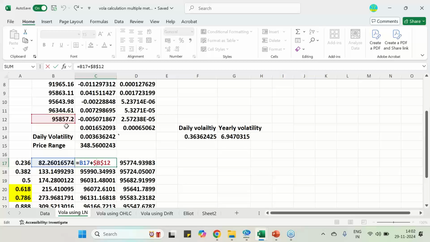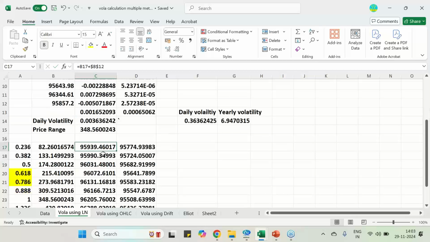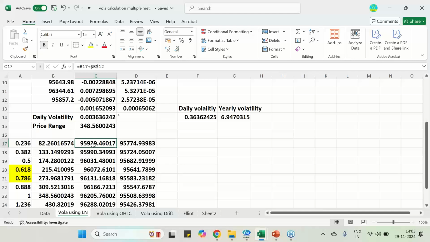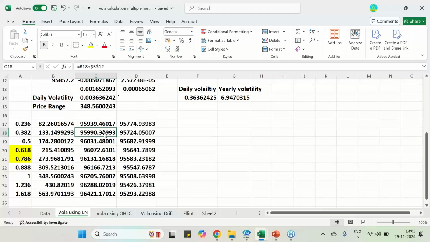So what will the trend be now? Once it crosses 95,939, it sets the trend as per the Fibonacci, and once it crosses the 0.382 retracement at 95,990, it confirms the trend and it may continue till 96,072 to 96,131.